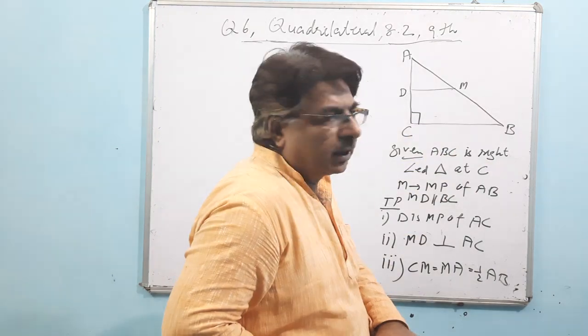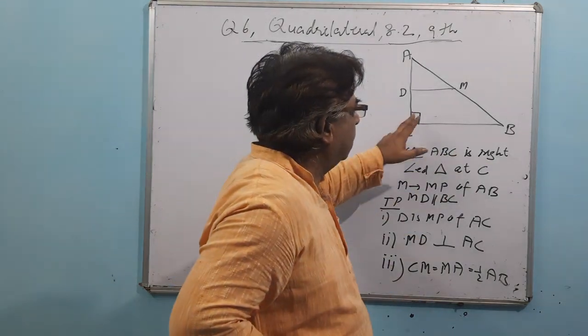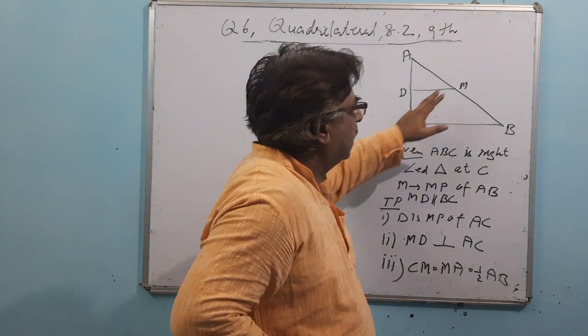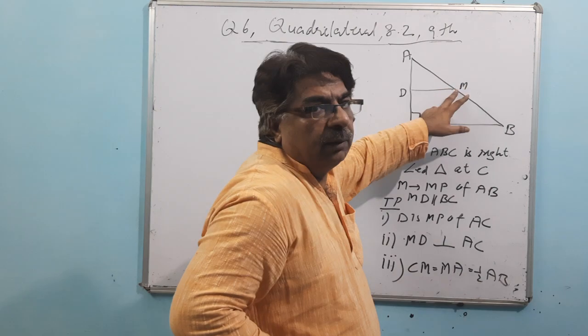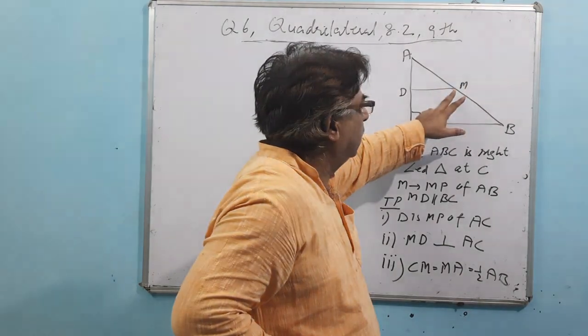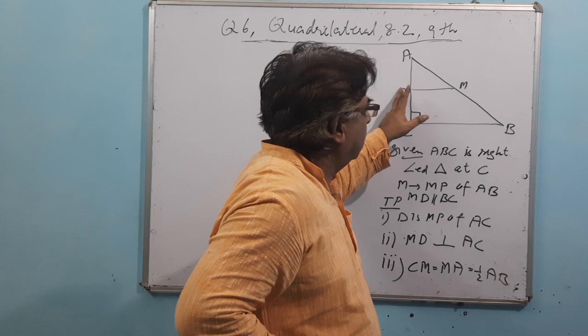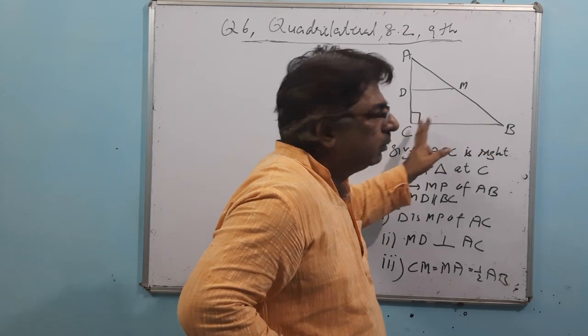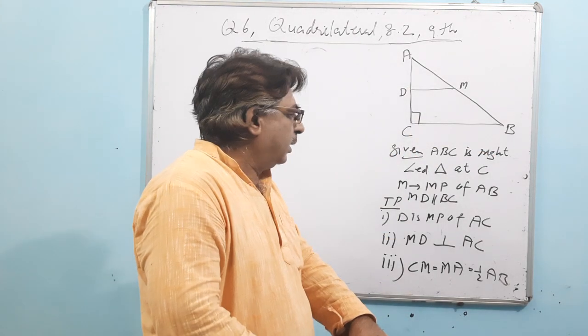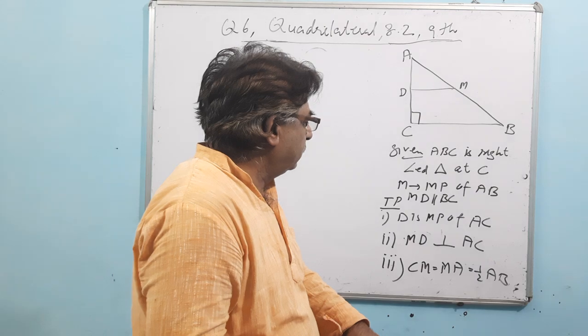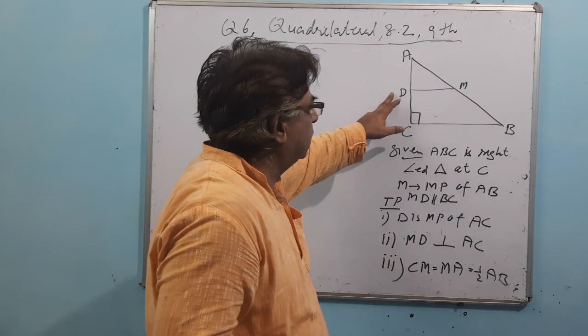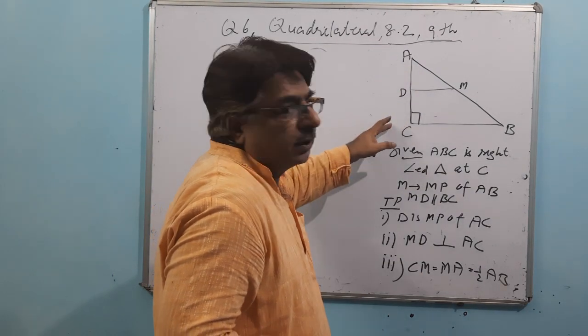ACB is the right angled triangle, right angle at C. M is the midpoint of the hypotenuse AB and MD is parallel to BC. And we have to prove that D is the midpoint of AC.